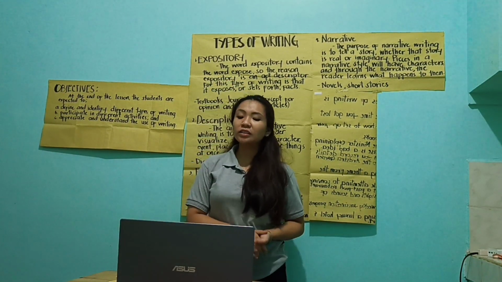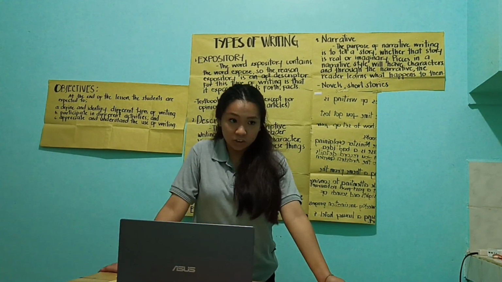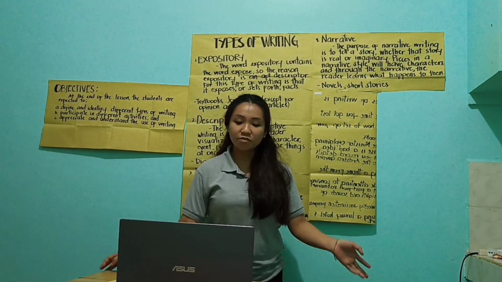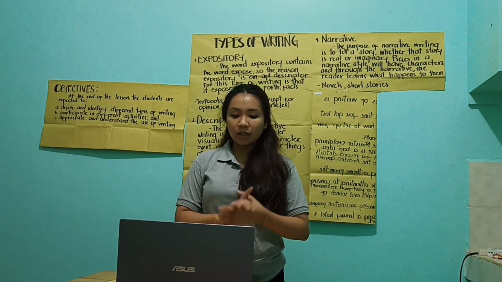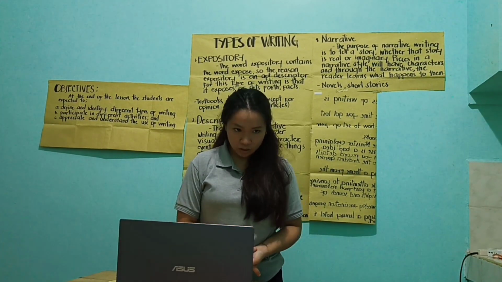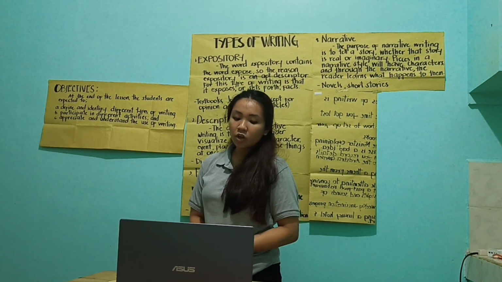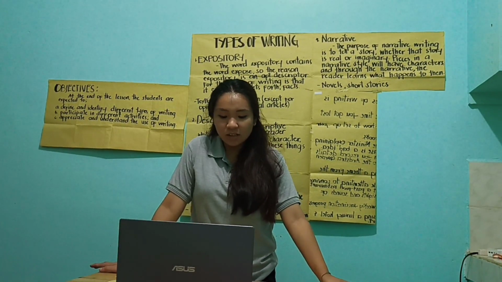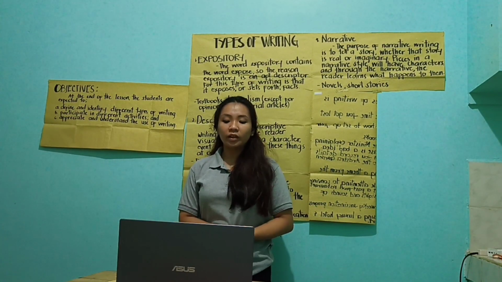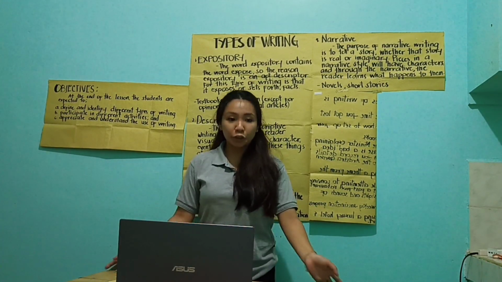Okay, so before we start our proper lesson or discussion, I have here an activity. Each of you will make a poetry. We will be scored according to this criteria. Relevance to the theme is worth 3 points.